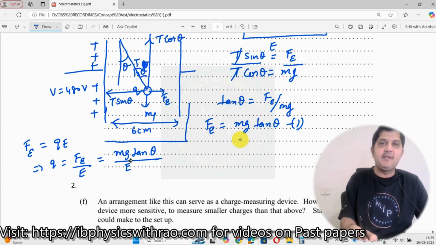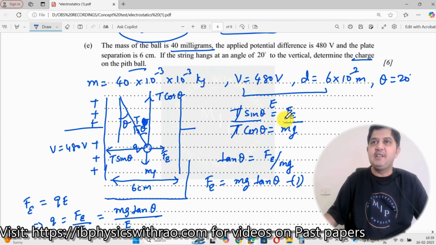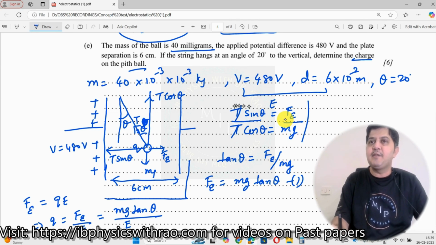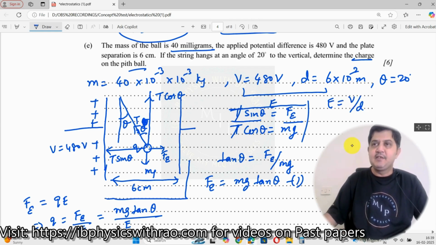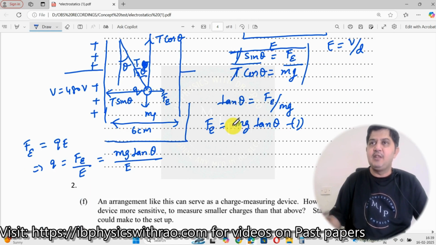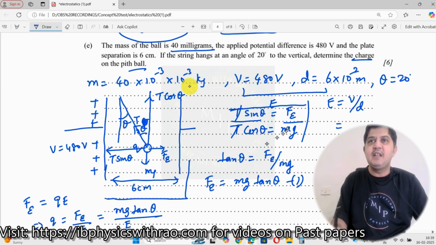I need to get the value of E. All this is known, only this value is unknown to me. How do I determine the value of E? I already told you in the beginning, V and d are given, so you can find the value of E by writing E is equal to V by d, right? The value of V is 480, d is 6 into 10 power minus 2.